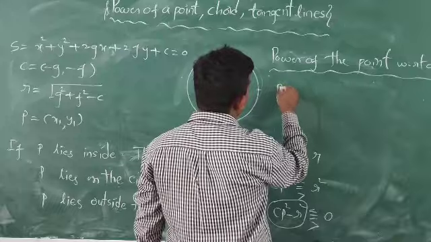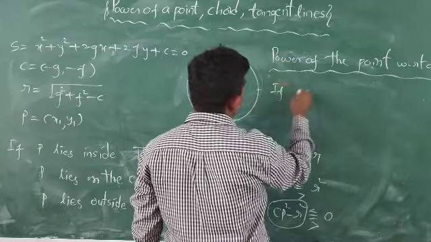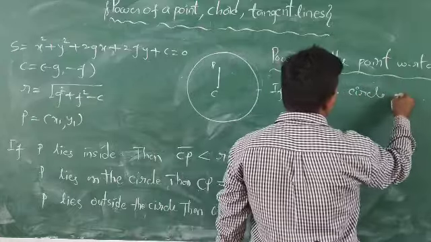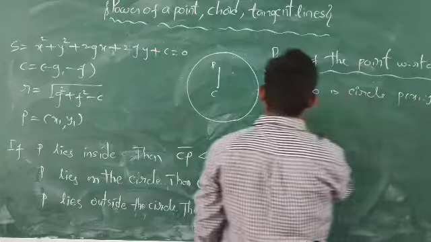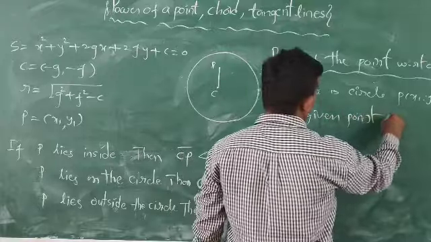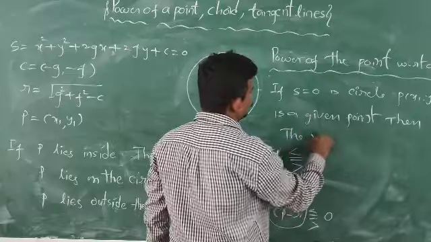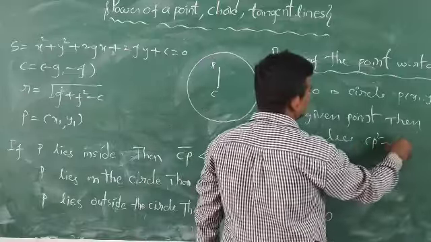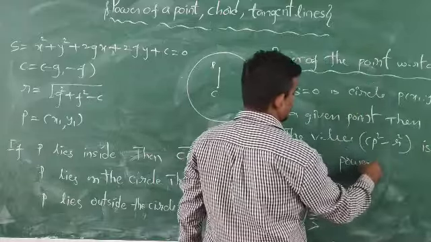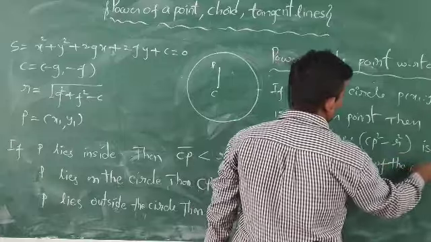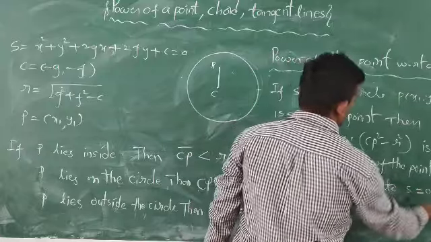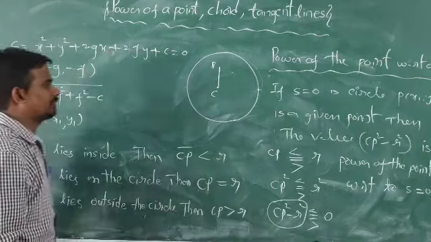If S equal to 0 is a circle and P(x1, y1) is a point, then the value CP square minus R square is called the power of the point with respect to circle S equal to 0. That is the definition of the power of the point.